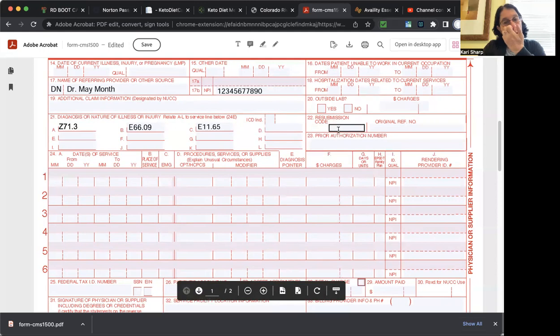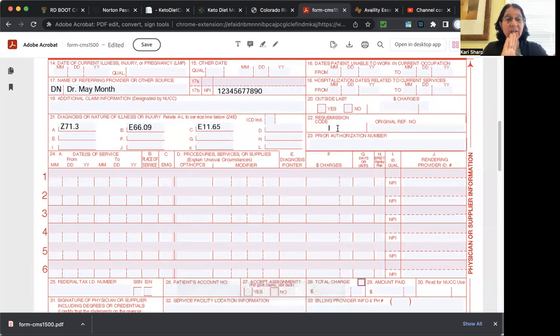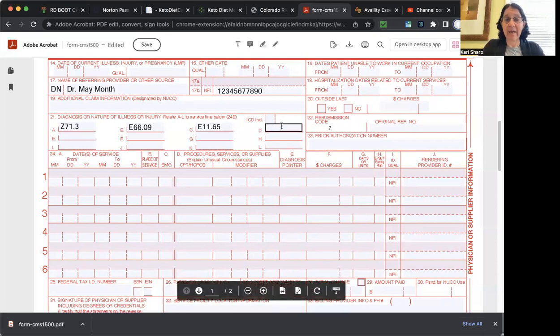So resubmission code means, is this the first claim? So that would be number 1. This is the first claim. We saw them, we're submitting it. If we put a number 7, that means that we submitted this claim and the insurance company denied it for some reason.